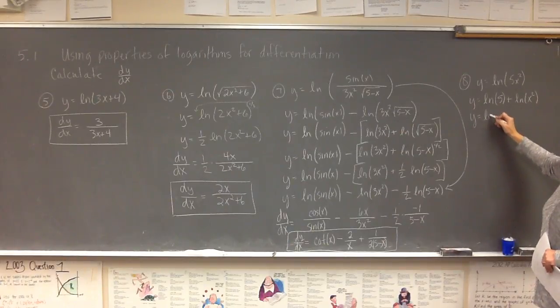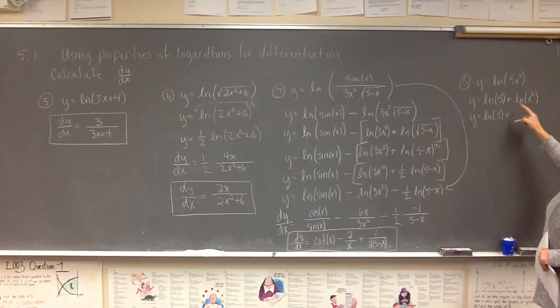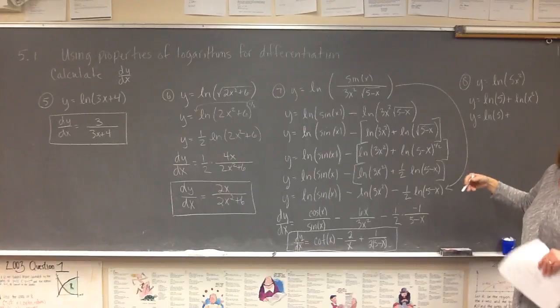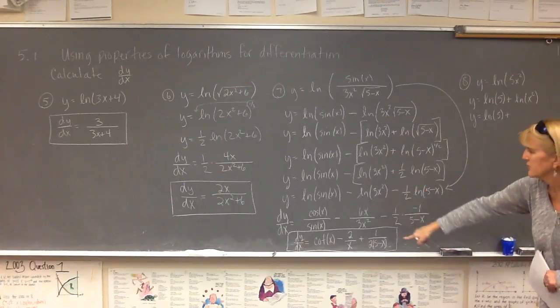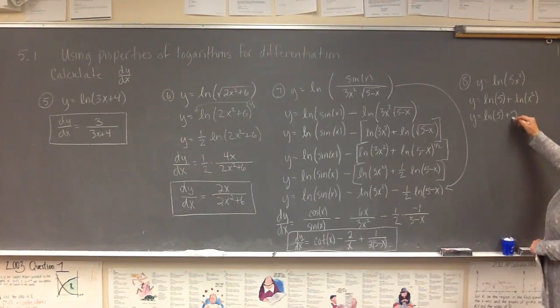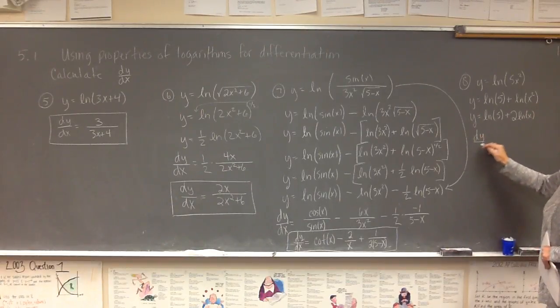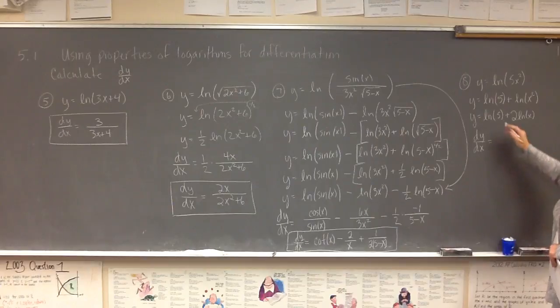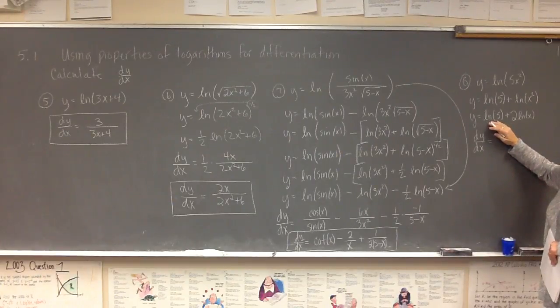So again, I haven't even differentiated yet. The nice thing about natural logs is when you differentiate them, the logarithms go away. I don't have any logs throughout this work. And then this is 2 natural log of x. So now dy dx equals, the derivative of the natural log of 5 is 0, because the natural log of 5 is a constant, has no variable in here.